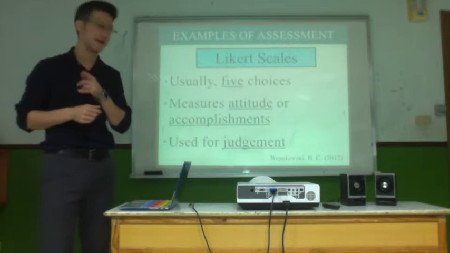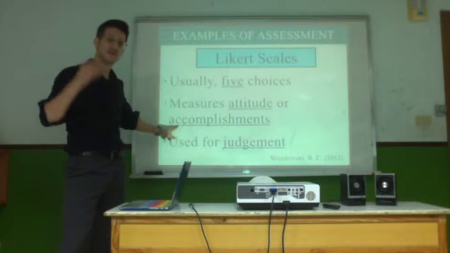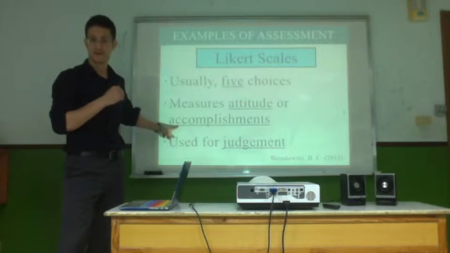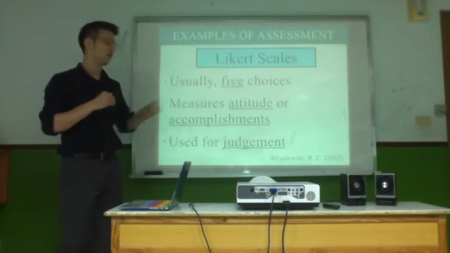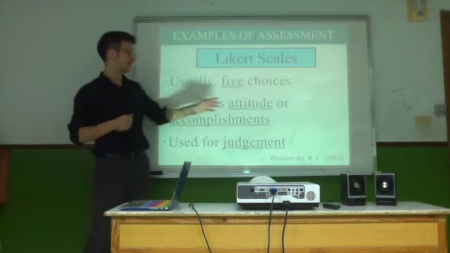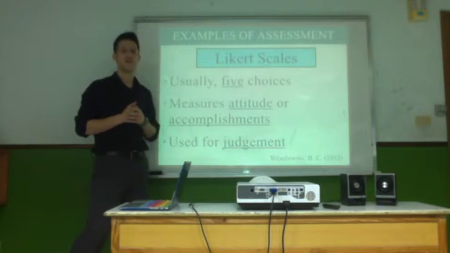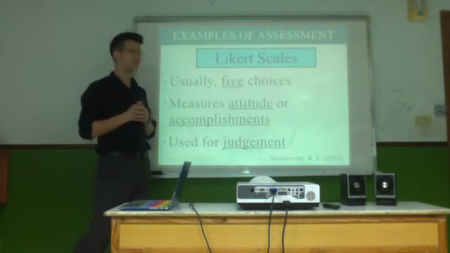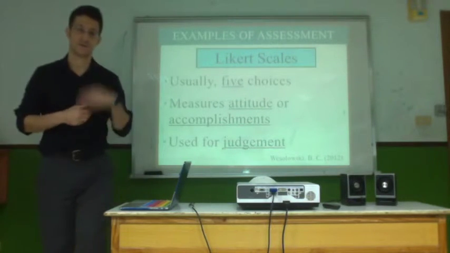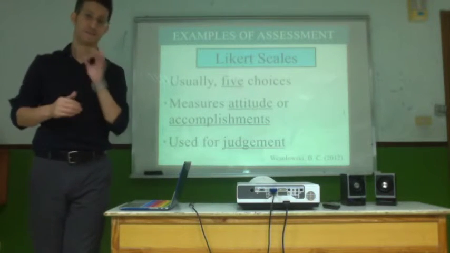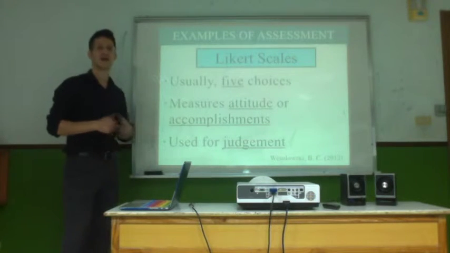But it's a thin line there because we don't want to start shifting into rubrics just yet. So more so, I believe that Likert scales can be found with attitude and emotional behavior and perception from the student. But it is possible to have certain accomplishments as well.